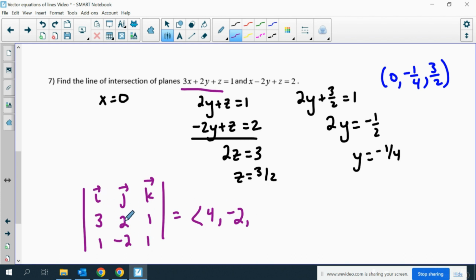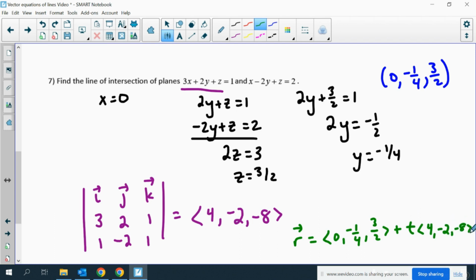And for k, I end up with negative 6 minus 2. So my final answer, my equation of the line, is 0, negative a fourth, 3 halves, which is just any point that's on the intersection line, plus t times 4, negative 2, negative 8.